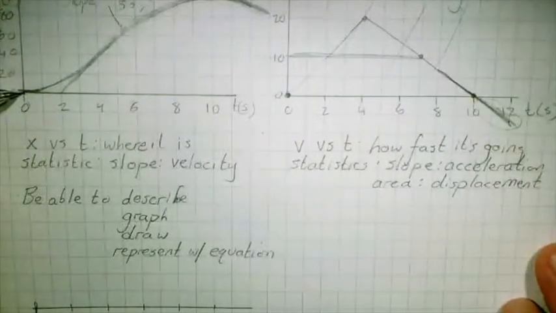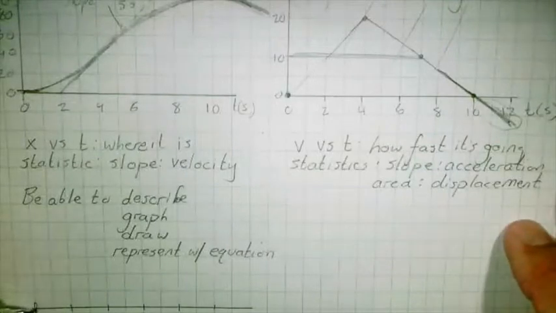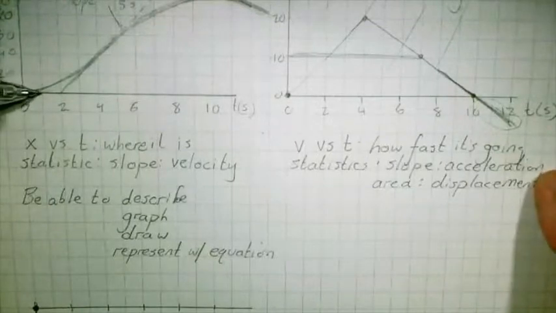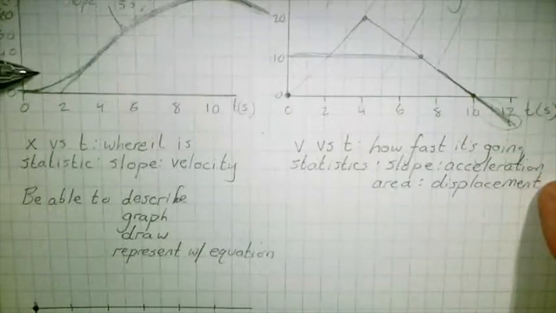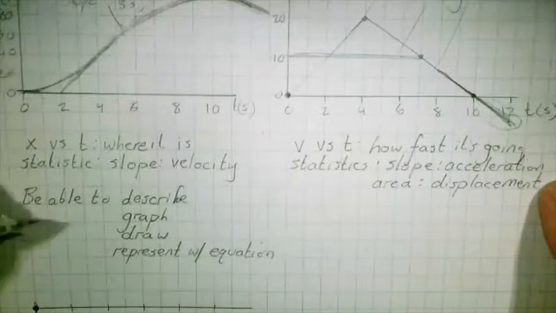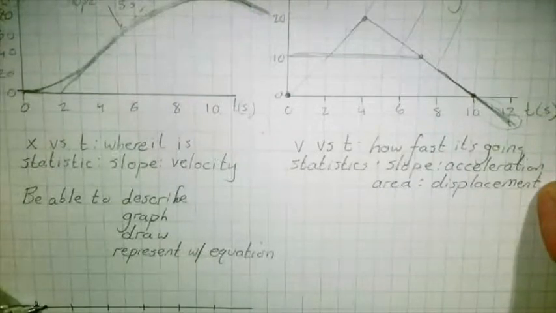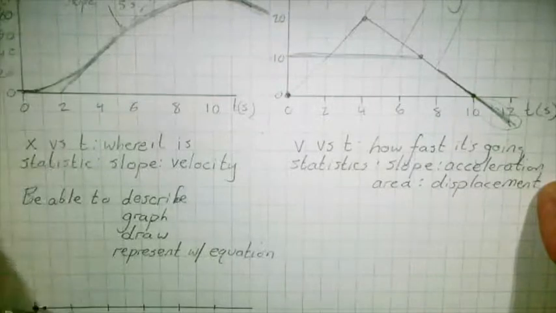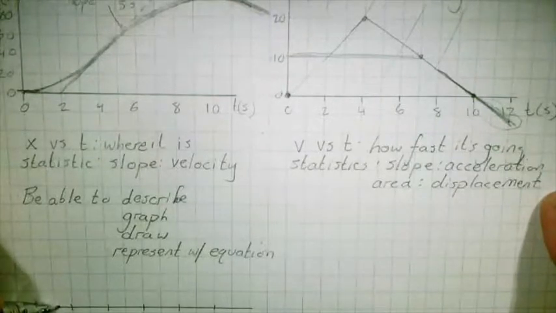So here, at 0 seconds, it starts out at position 0. And then let's just do it every second. Here, it moved to, I don't know, maybe 5 meters. After 2 seconds, it's probably about 12 meters away from the origin.